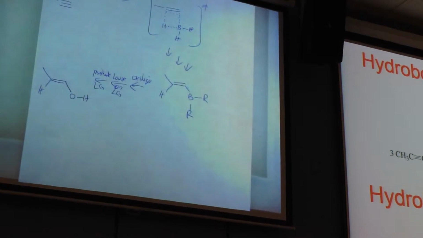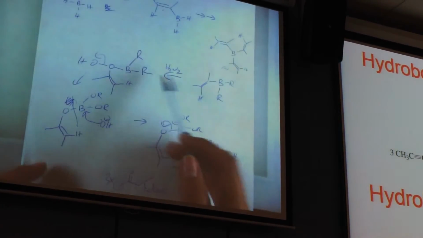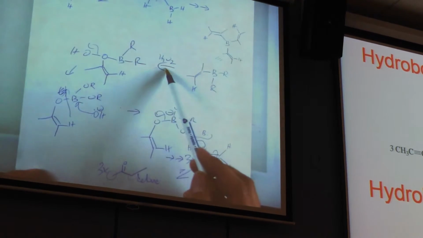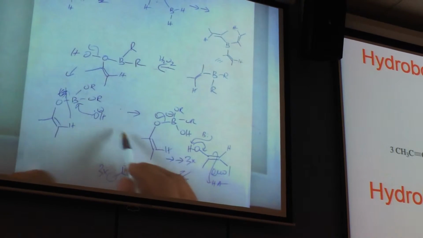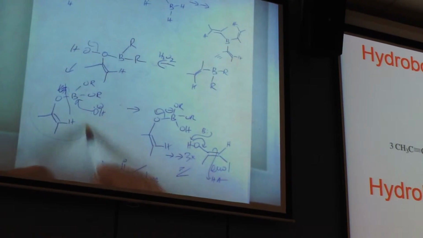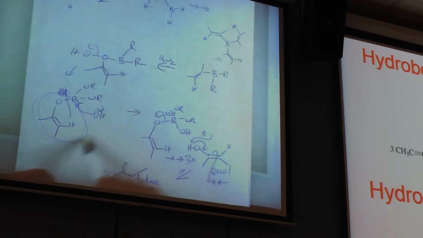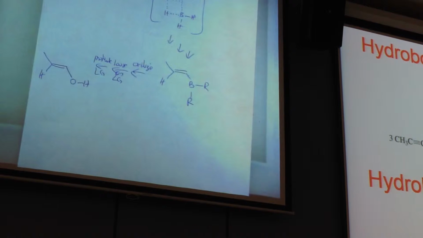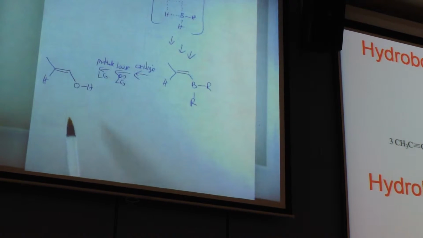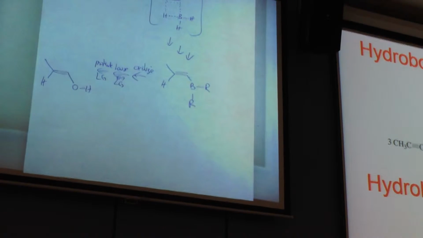So the first one says oxidize with peroxide, and then you have to kick out this leaving group. So you have to lose this leaving group, and then you have to protonate it. So for the middle one, it says lose leaving group.